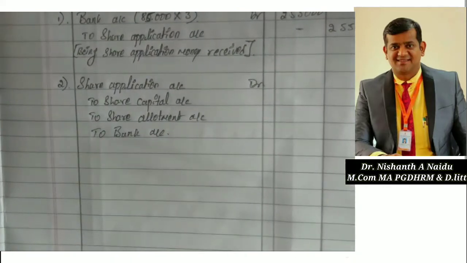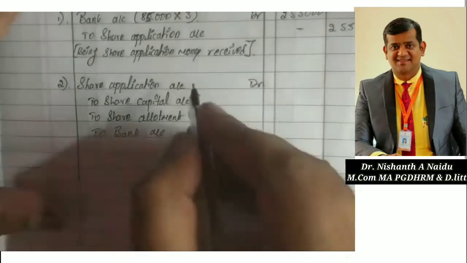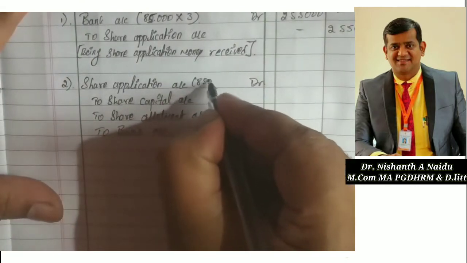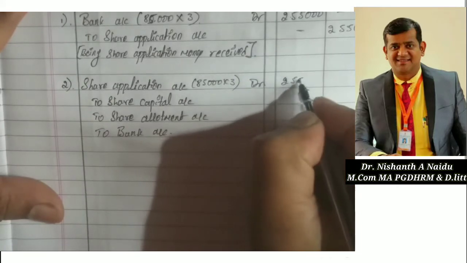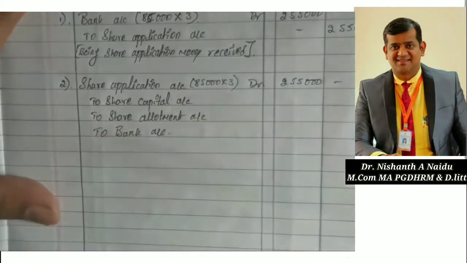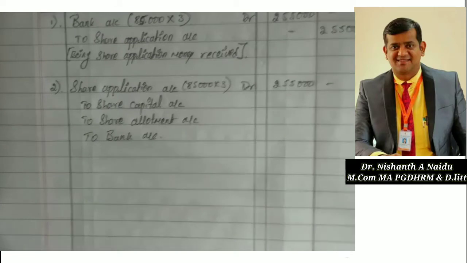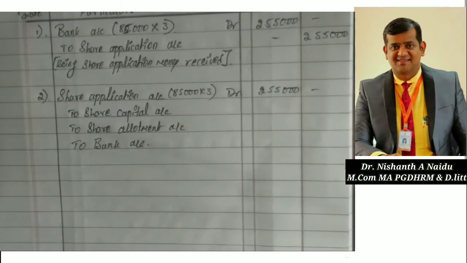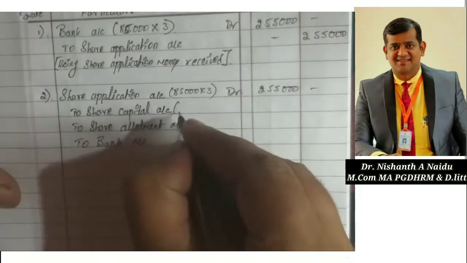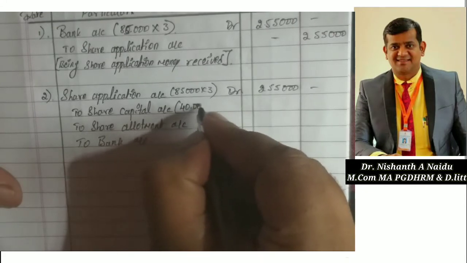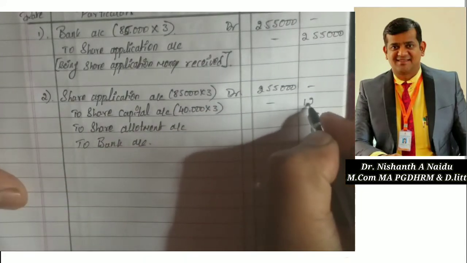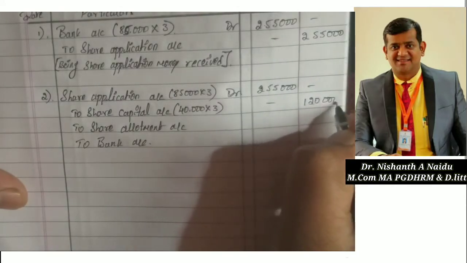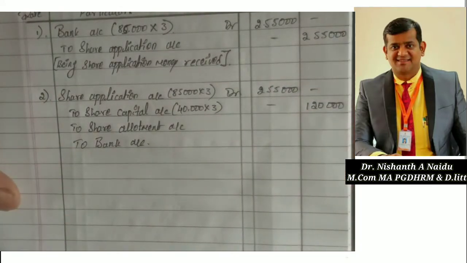So you must be careful here. See, out of 85,000 into 3, that is 2,55,000 rupees. How much are we transferring to the capital account? 40,000 shares, right? So 40,000 application money at rupees 3. So we are transferring this to the capital account. So this we have done in the pro rata allotment working note.